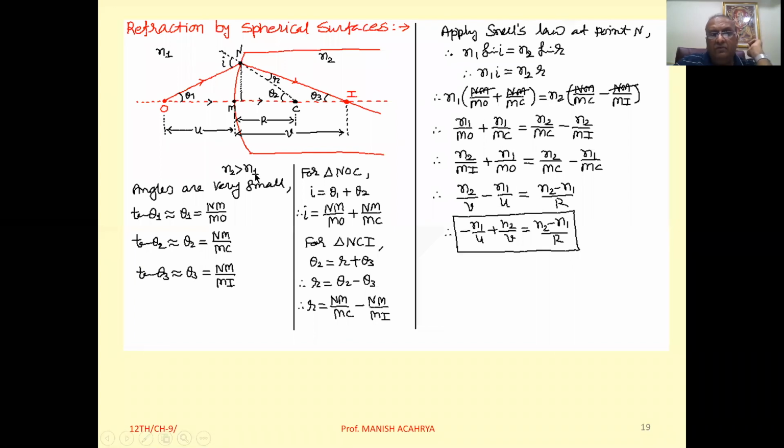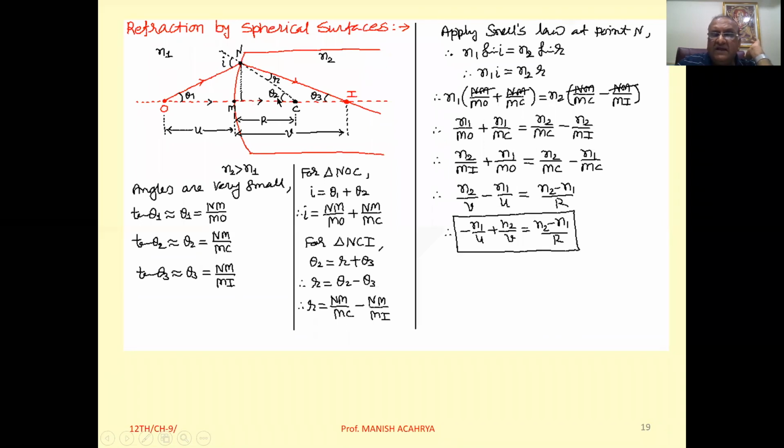Now consider tan θ1. Tan θ1 is opposite upon adjacent. Opposite is NM, and adjacent is MO. But the angle is very small, so we can write tan θ1 is nearly equal to θ1, which equals NM upon MO.